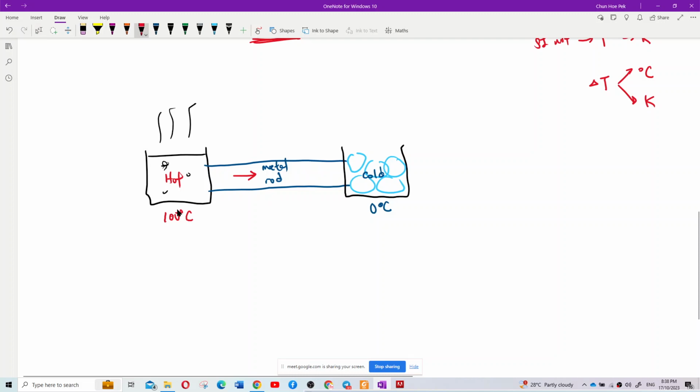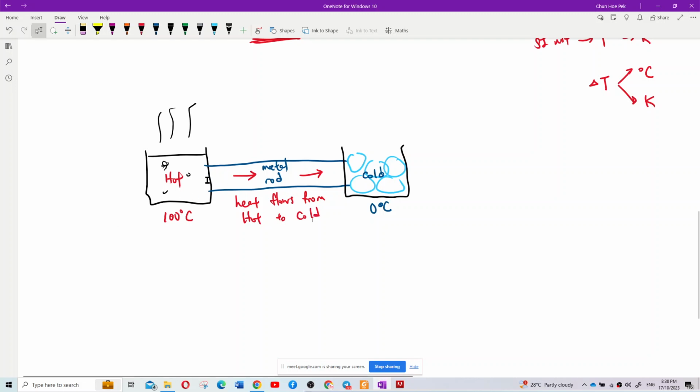Very good. Heat always flows from hot to cold. Remember that, it's very important. How to write? Heat always flows from hot to cold.